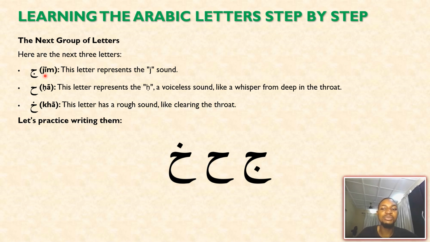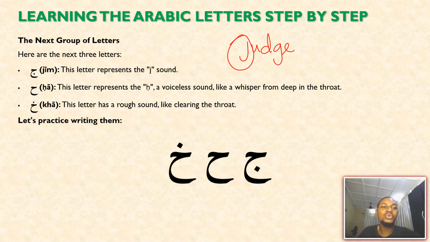That mark represents prolongation, which means you're prolonging that sound. So you won't just say Jim, it's going to be Jim. It basically represents the letter J in English, just like the word George in English, that J is more like Jim in Arabic.